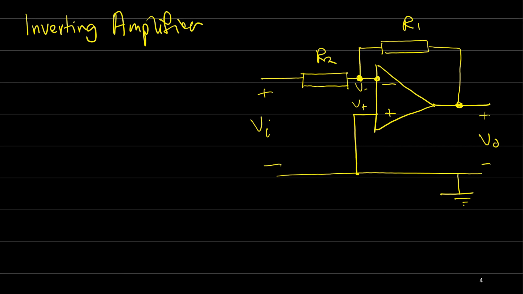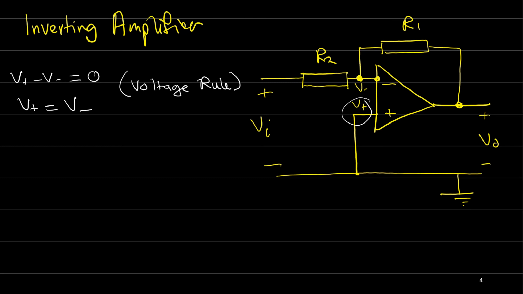Now, using the voltage rule again, we know that V plus minus V minus equals 0, right? So V plus is equal to V minus, and this is the voltage rule. Now, from the diagram, V plus is grounded, so V plus is equal to 0, because it's connected to the ground here.